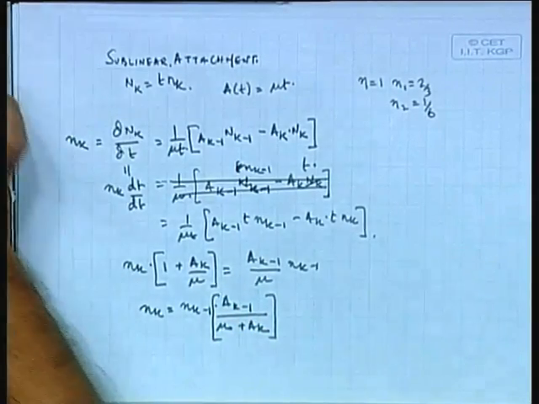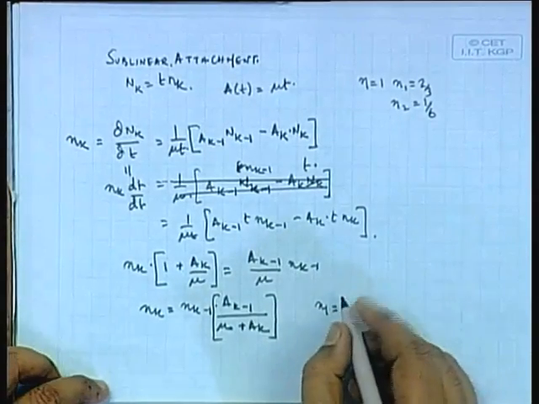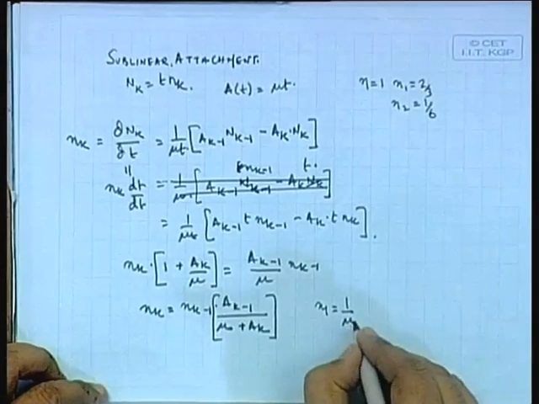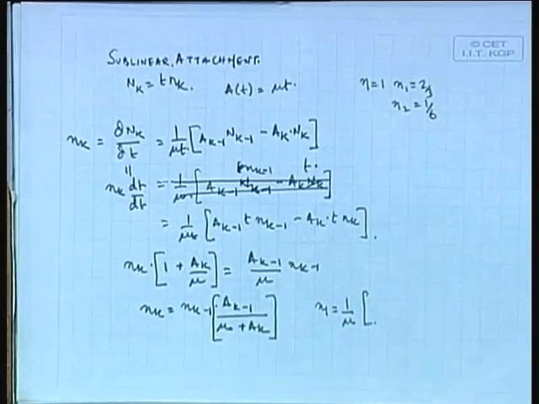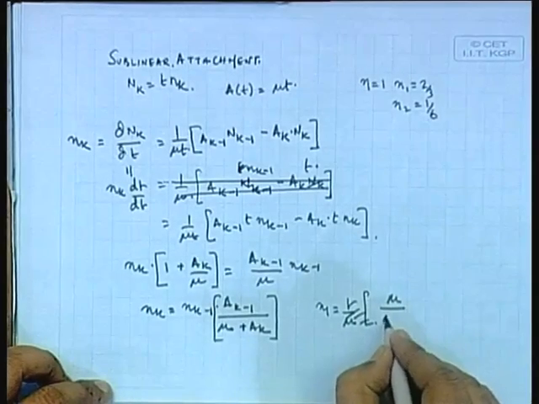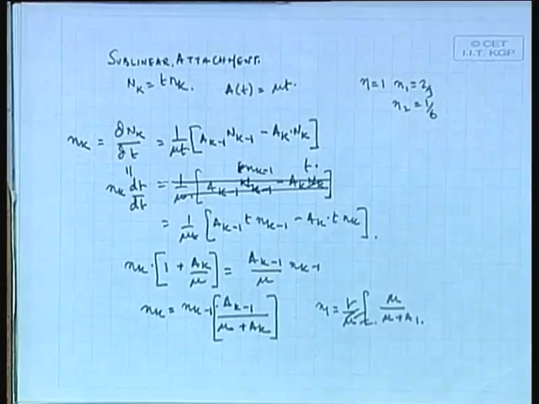And n_1 we can do it, and we will find n_1 becomes 1 by mu. N_1 becomes ultimately, with all this you will see n_1 becomes mu plus a_1.